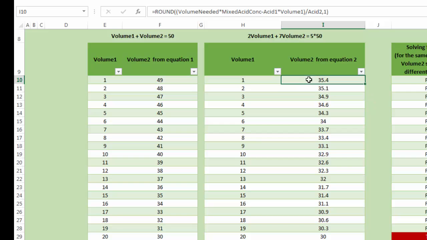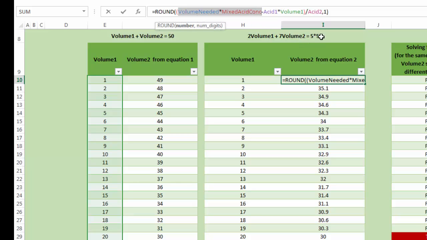When you look in here, I've used a round function to have just 1 decimal place. So what I've got here is the right hand side, which is volume needed times mixed acid concentration, the 5 times 50. And then this 2 times volume 1 goes on the right hand side, which means you're subtracting.